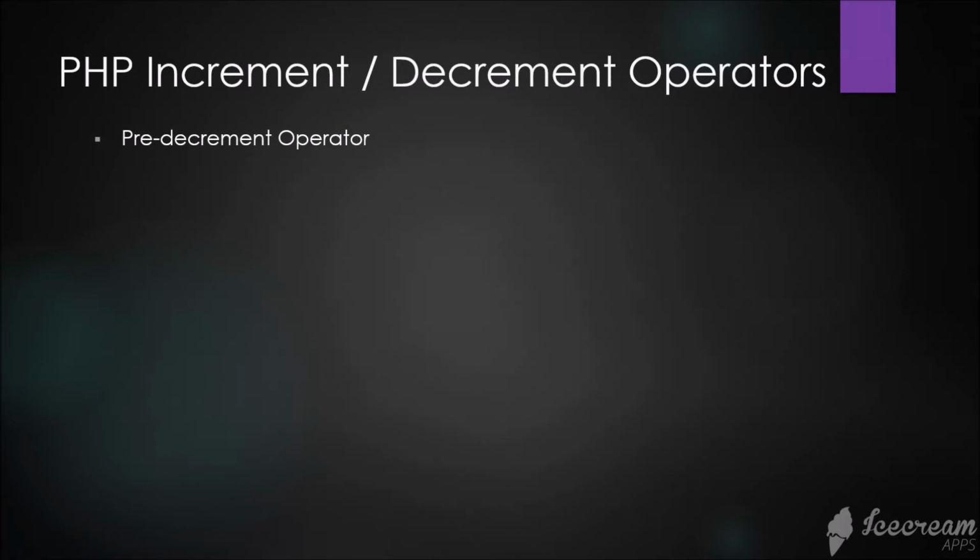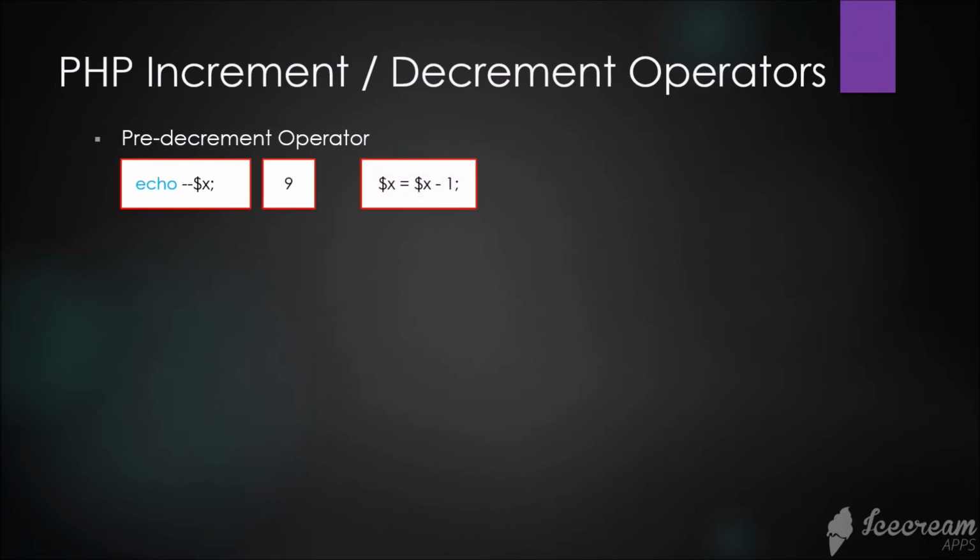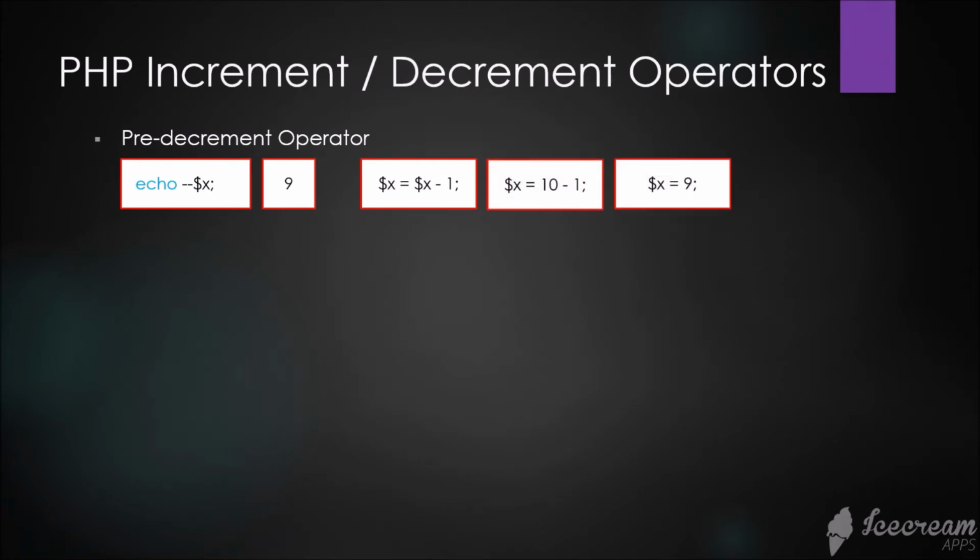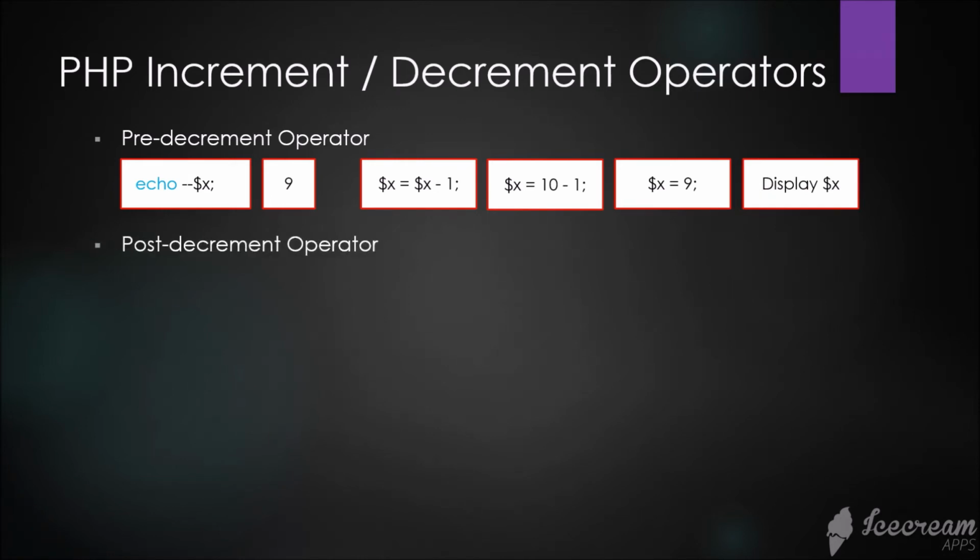Let's proceed to the pre-decrement operator. If we have this one, the answer will be 9. So we recalculate, replace, and then the value will be 9. Afterwards, we display it. For the post-decrement operator, we have something like this, and the answer will be 10.